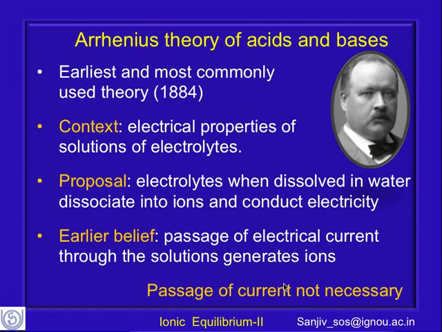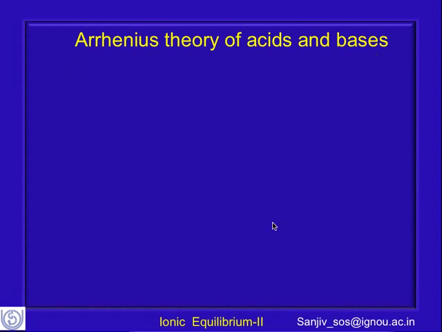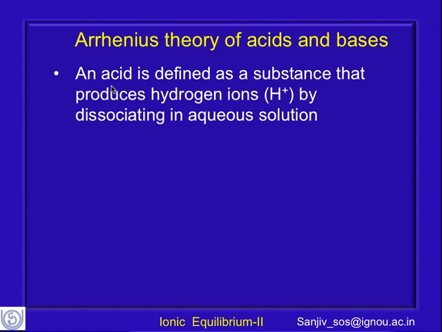Now, in the context of acids and bases, what he said was that an acid can be defined as a substance that produces hydrogen ions by dissociating in aqueous solution. If I take HCl and put it into water, it will dissociate to give hydrogen ions and chloride ions. So it is producing hydrogen ions, so it is an acid.